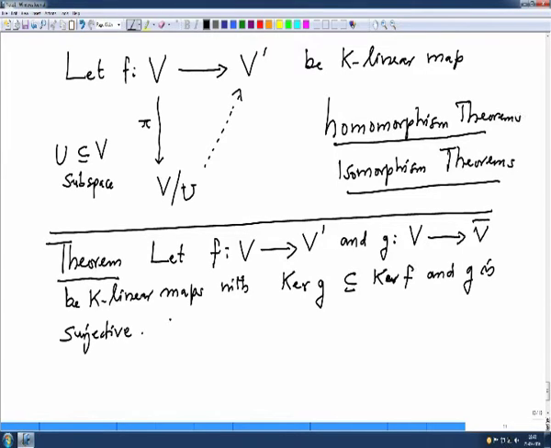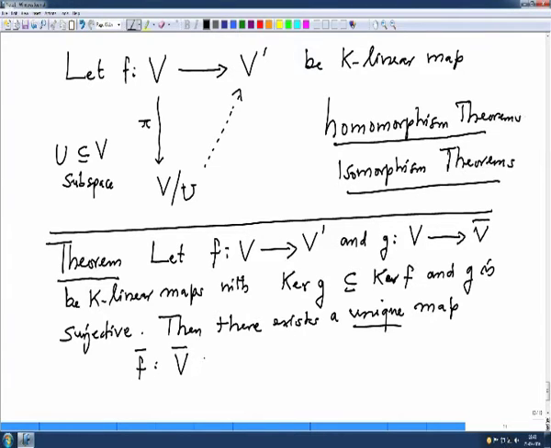Then there exists a unique map, from that map I will call it F bar, from V bar to V prime, such that if I first apply G and then F bar, that is from V bar to V prime.